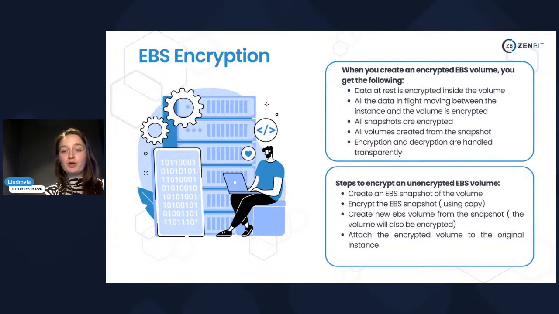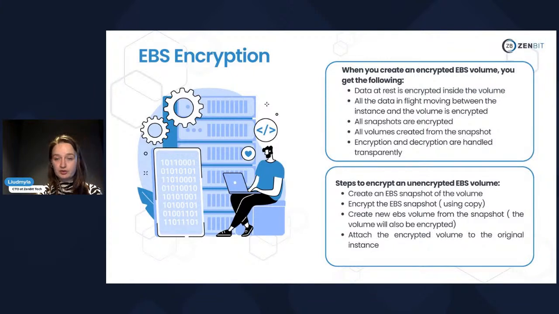So first, if you enable encryption on an AWS volume, data at rest is encrypted inside the volume. And all the data in flight moving between the instances and the volume is encrypted.